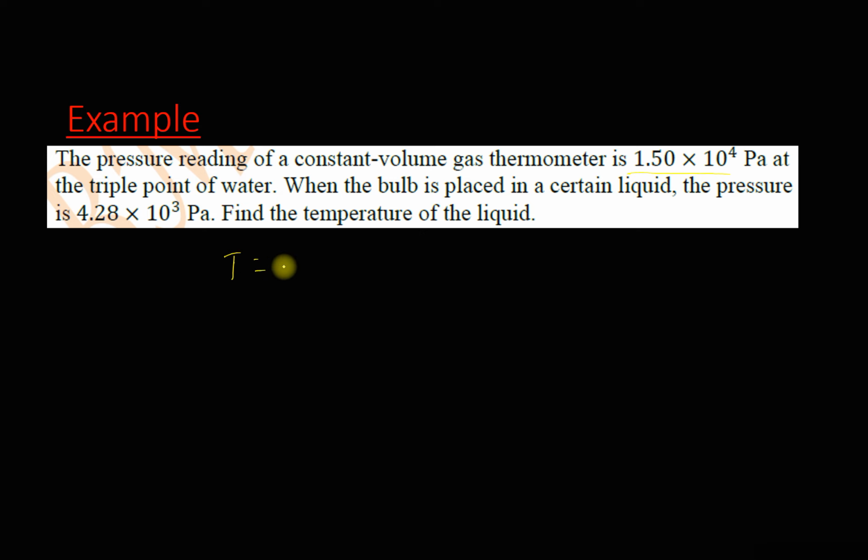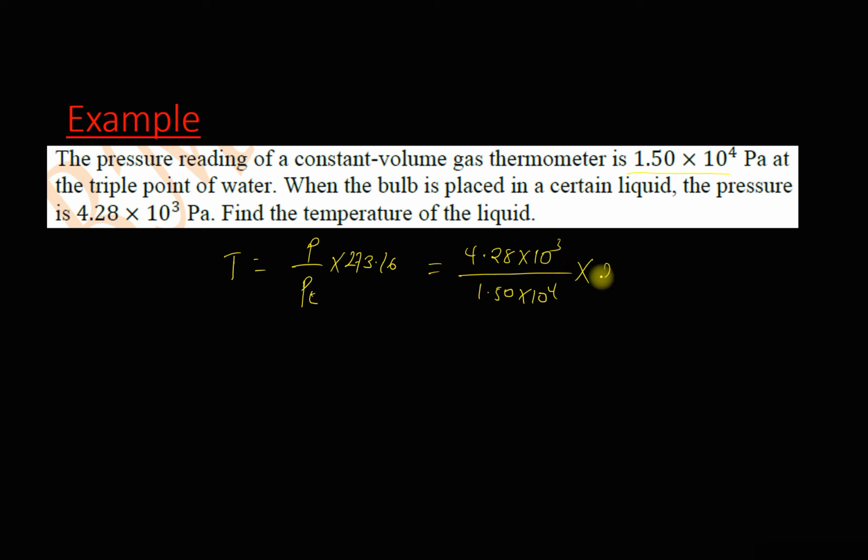So the temperature is going to be the property over the triple point times 273.16. So the property is 4.28 times 10 to the power of 3 at unknown temperature divided by the property at the triple point, which is 1.50 times 10 to the power of 4.